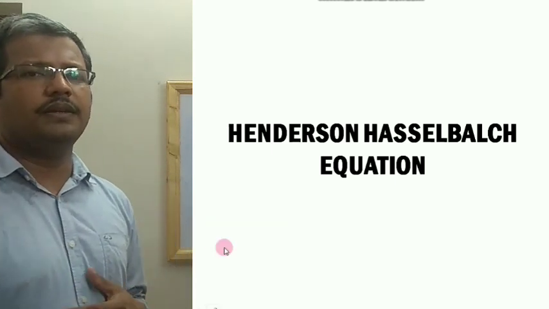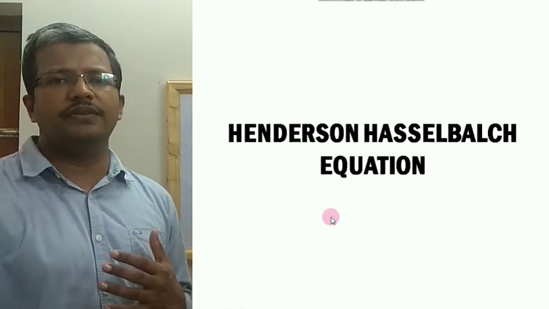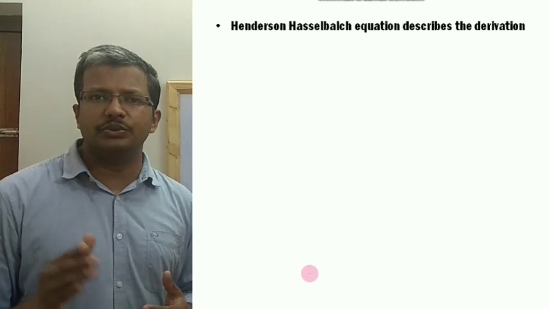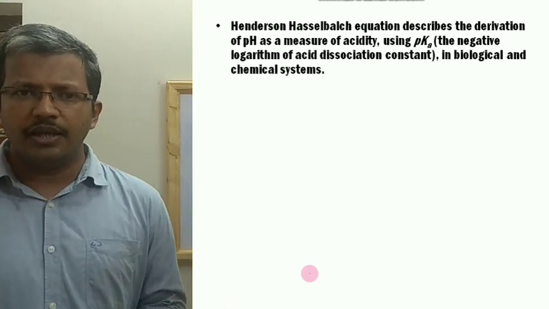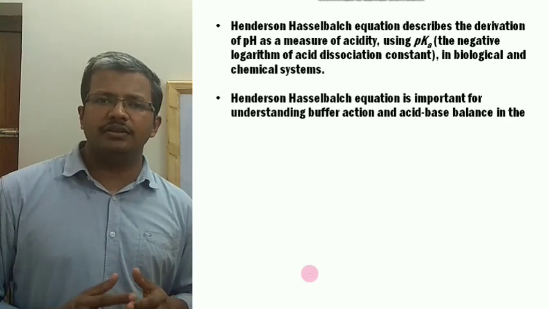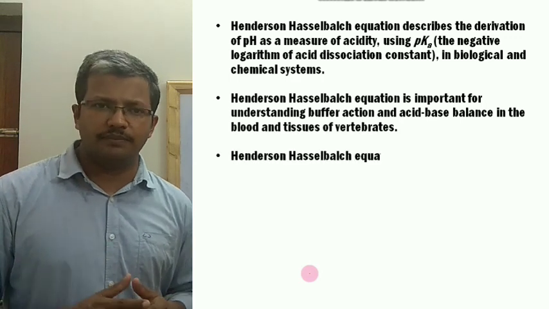The Henderson-Hasselbalch equation describes the derivation of pH as a measure of acidity using pKa, the negative logarithm of the acid dissociation constant, in biological and chemical systems. It is important for understanding buffer action and acid-base balance in the blood and tissues of vertebrates.